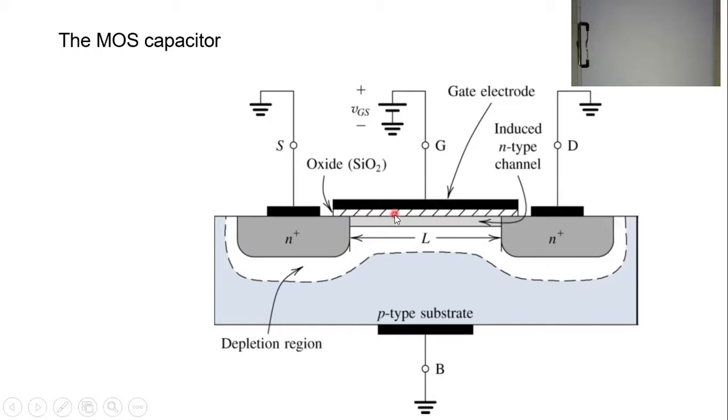This dielectric material is a perfect place where you can search for a capacitor, because basically this is an ideal insulator with a contact metal above and a semiconductor material on the bottom. So this is what we can call a gate capacitance.